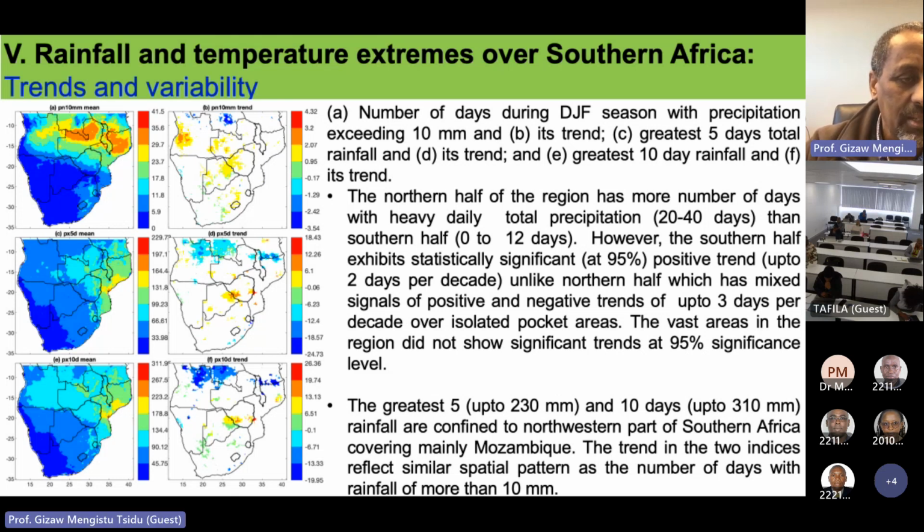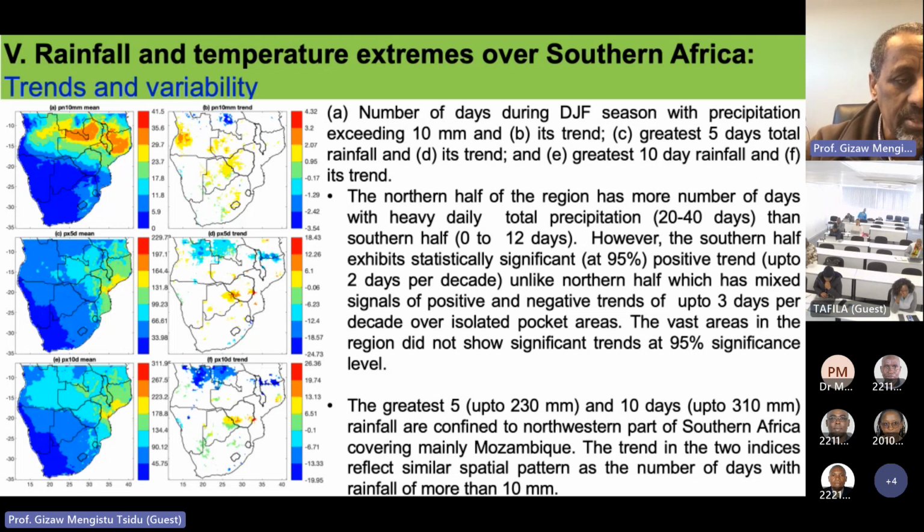Whereas the northern part of SADC, shown in red and yellow, is different. Yellow is somewhere between 24 to 30 days, and the orange color is from 30 days to about 36 days.